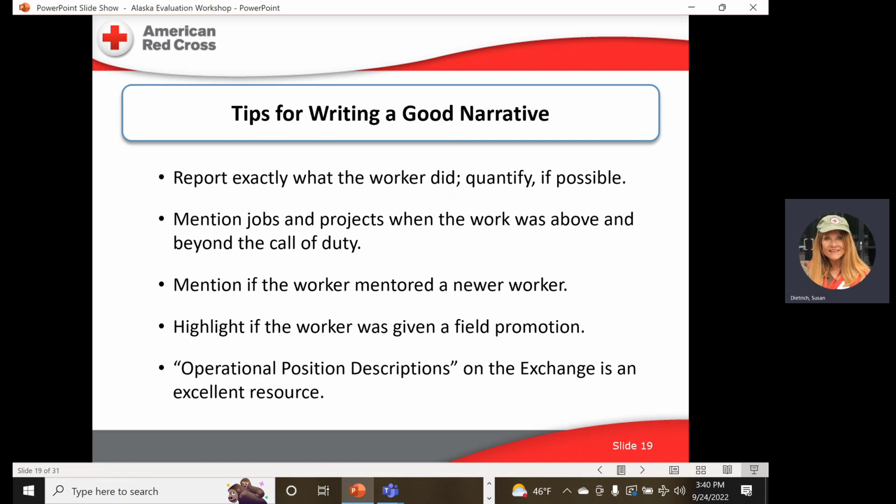You're going to report exactly what the worker did and quantify if possible. Now, I find it very helpful in supervising to take notes as I go. If I have only a couple of people reporting to me, that's easy. If they do something exceptional, I'm taking a note and I mention it to them when I meet.